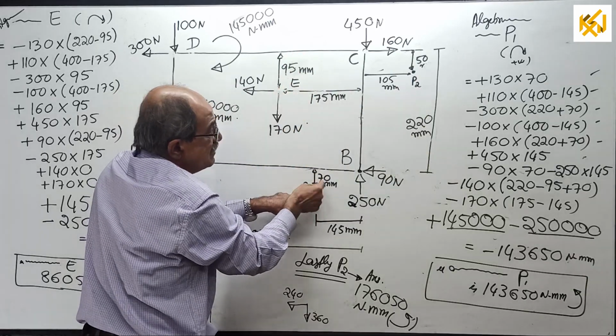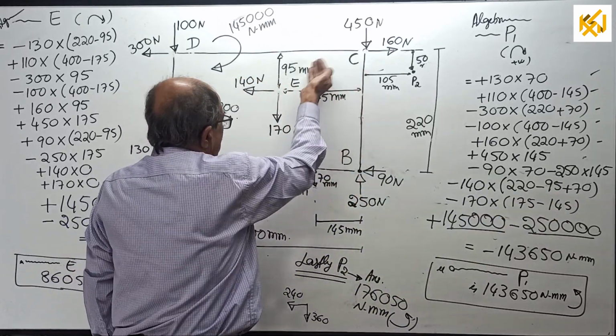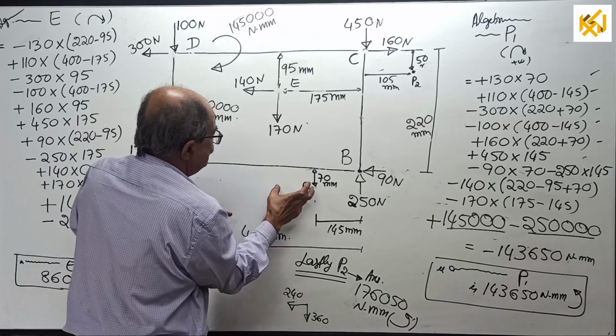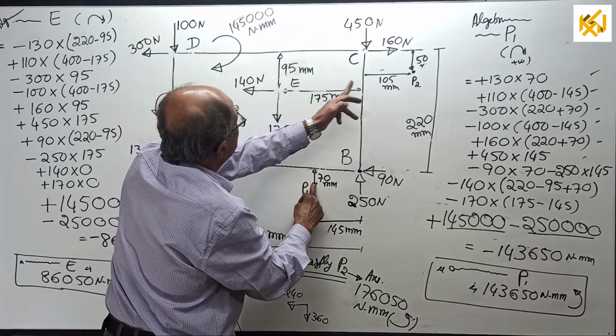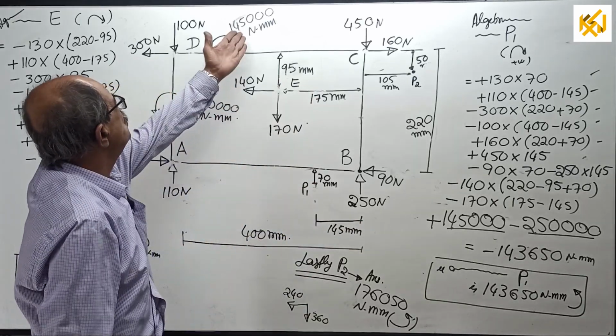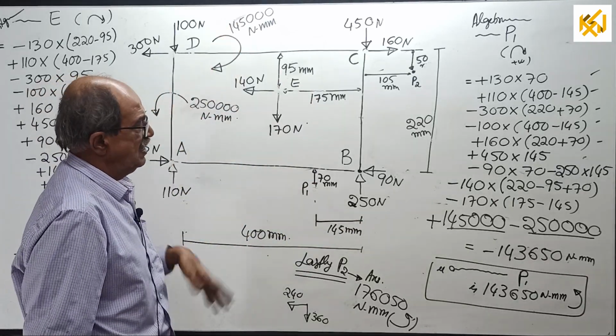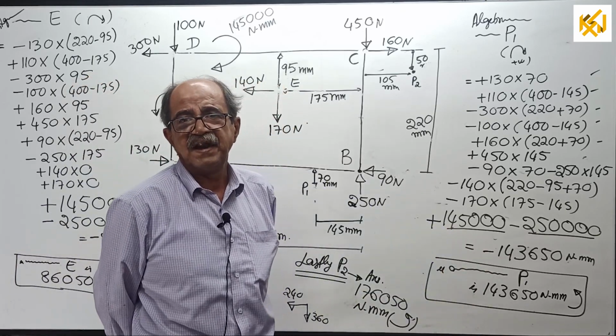And then plus 70. I wrote it there. Minus 170 into this distance. See, this distance is 175 minus 145. Usual, this couple and this couple, the answer is there. Yes, confirm. Now I will tell the trick.